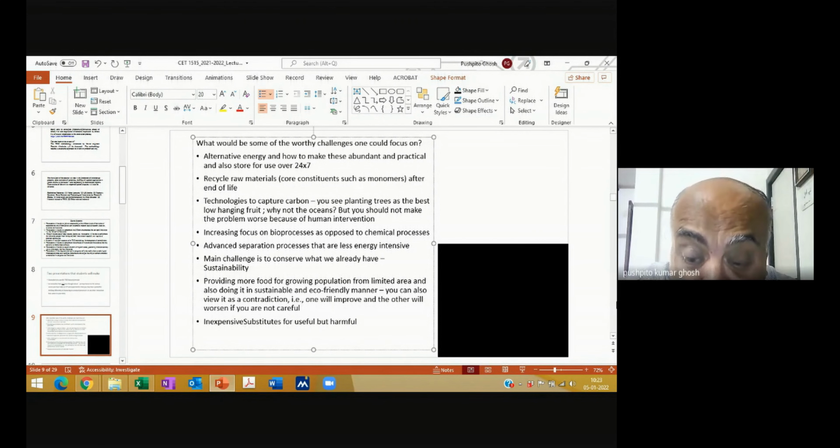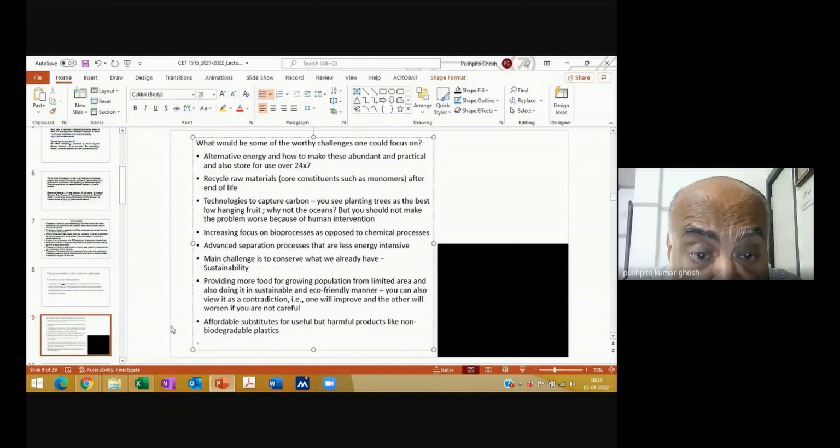Or let's put affordable substitutes. Yes. Okay? Affordable substitutes for useful but harmful products like non-biodegradable polymers, plastics. That's what you mean, isn't it? Yes.